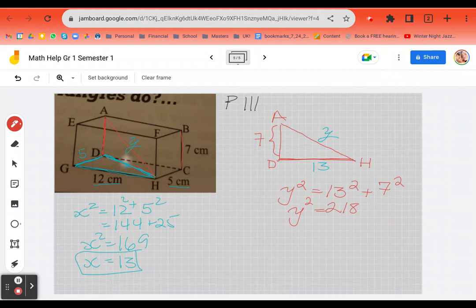The square root of 218 is 14.76, but it asks you to do it to 3 numbers. So it's 14.76, but it only wants it to 3 numbers, I'm going to round that up to 14.8, and that's how we get it.